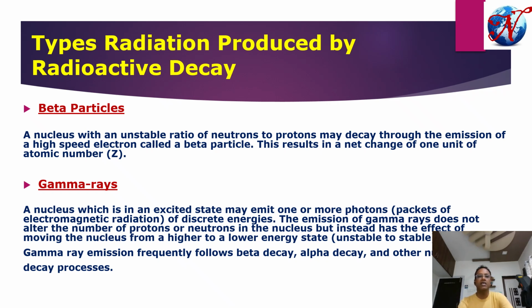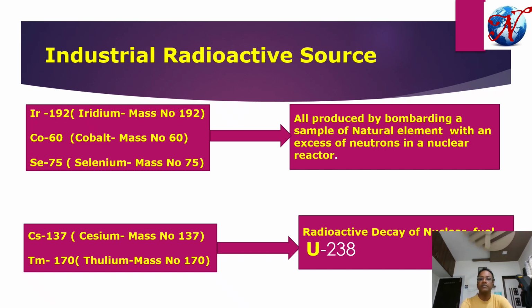The emission of gamma rays does not alter the number of protons or neutrons in the nucleus, but instead moves the nucleus from a higher to a lower energy state, from unstable to stable. Gamma ray emission frequently follows beta decay, alpha decay, and other types of nuclear decay processes.